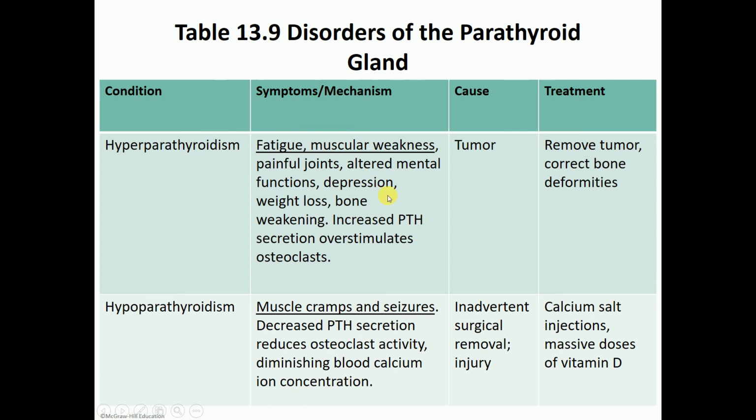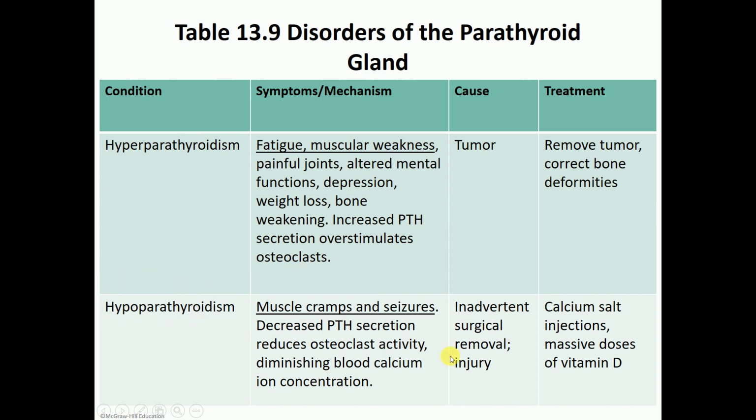Remember, increased PTH is going to overstimulate these osteoclasts, and so eventually there's a lot of bone loss, and that can lead to osteoporosis. So the treatment would be to remove the tumor and to make sure that you're also treating any bone deformities.